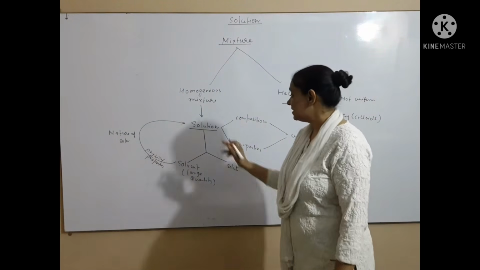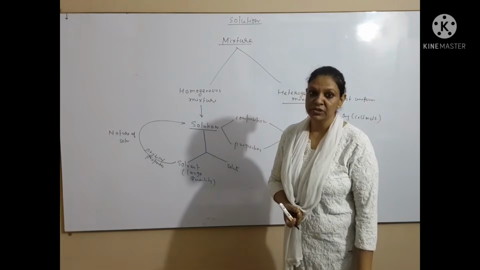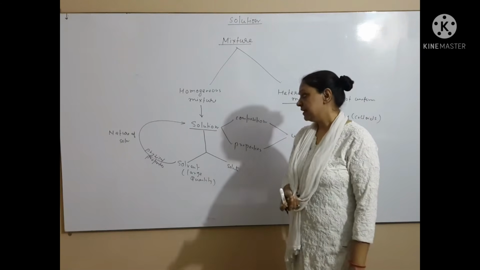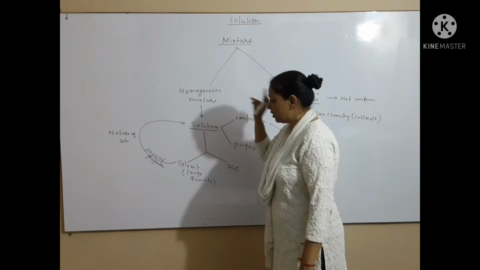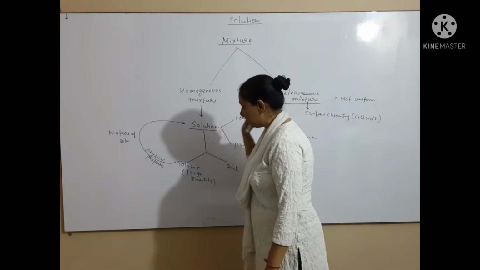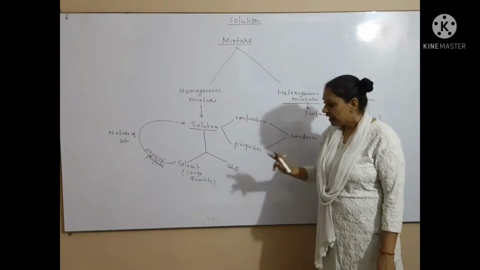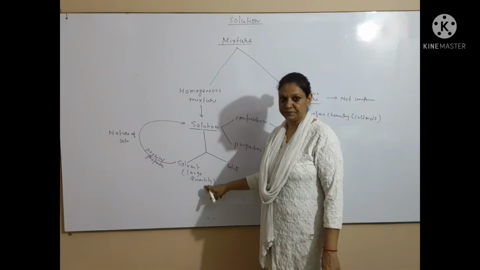If the physical state of the solvent is liquid, then we can say liquid solution. And if the physical state of the solvent is gas, we can say it is a gaseous solution. So, the nature of the solution can be explained only by the solvent, not by the solute. Why? Because the solvent is present in the large quantity.